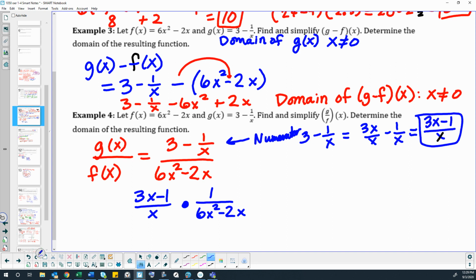So this right here is the reciprocal of our denominator. Yeah? Makes sense?